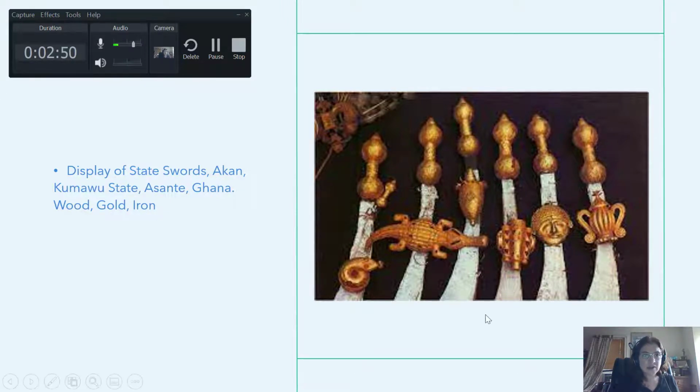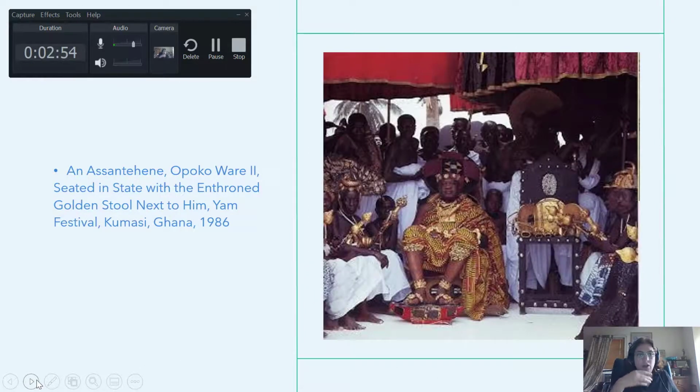And so then the whole idea of the king and the royal power, let's say, is very important even today. And what the king is wearing here is very important. We have yards of cloth that he's wearing, rings on all his fingers, lots of beads.